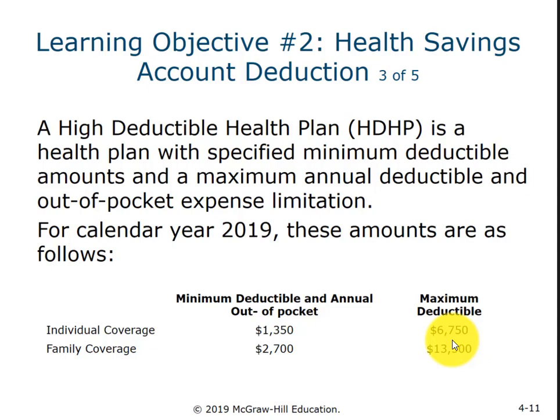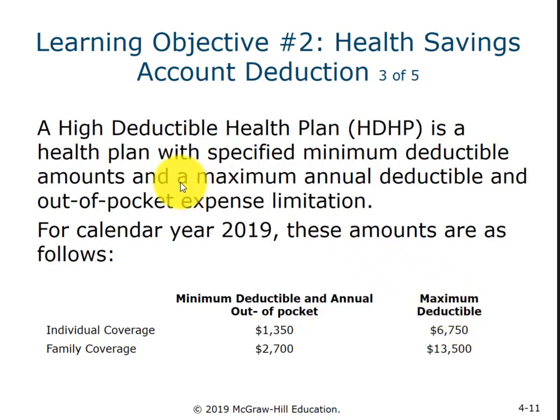here. That will be reduced by the amount if your employer makes any contributions. So if your employer puts money into your HSA, that takes away from what you could deduct. So if they put in $1,000, you would only be able to put in $57.50 and deduct it. All right.